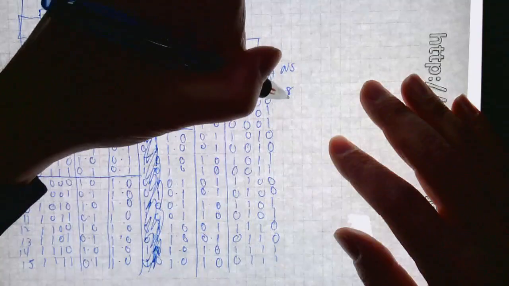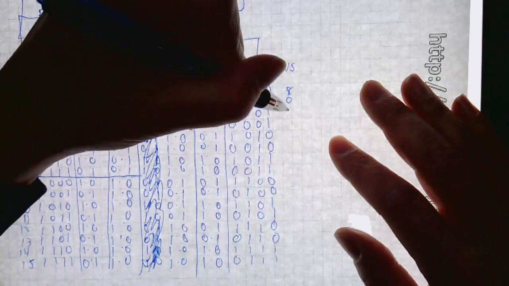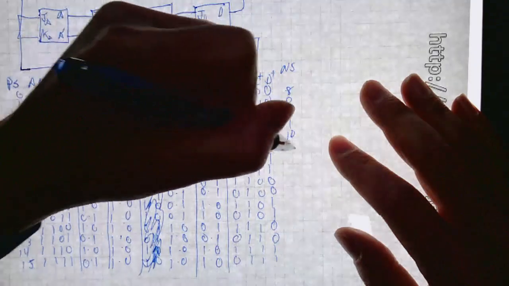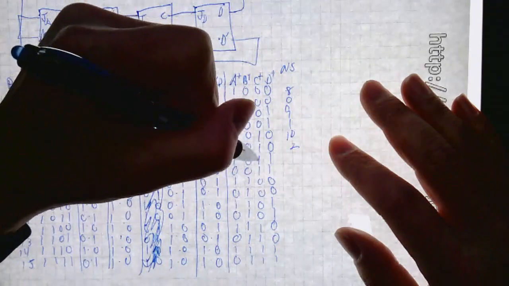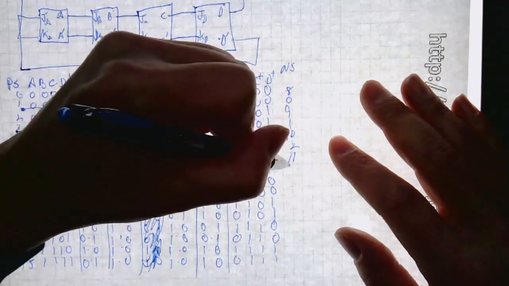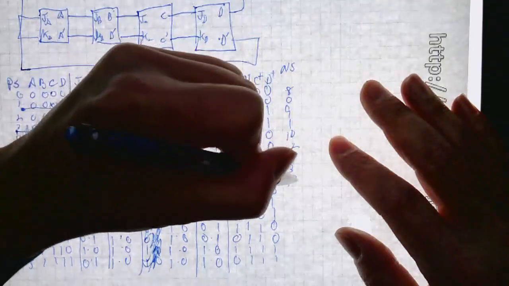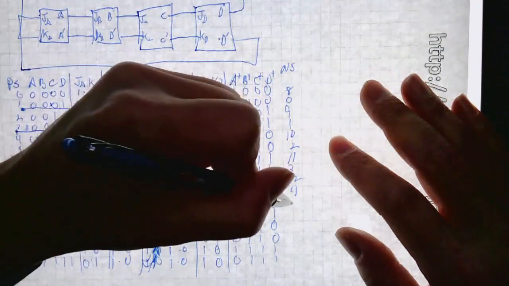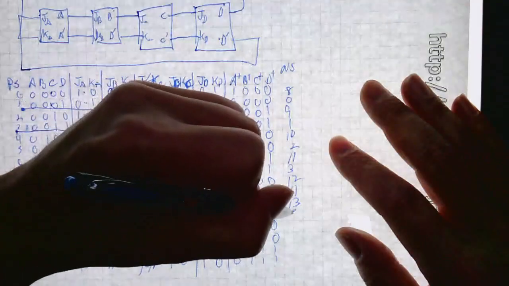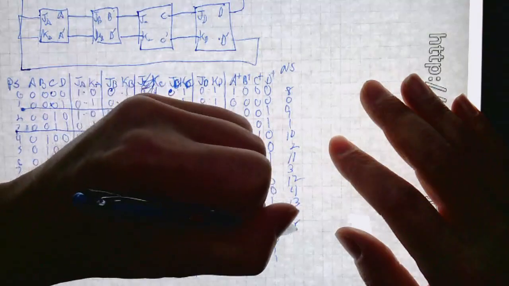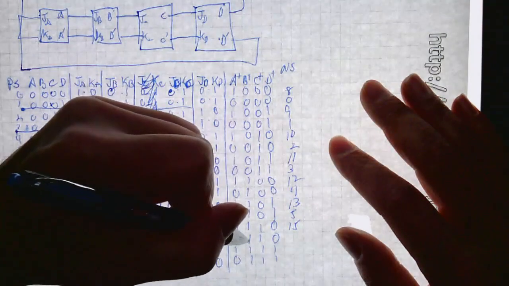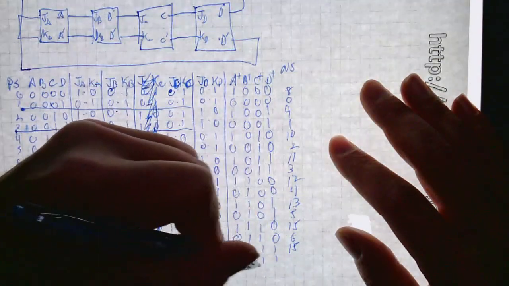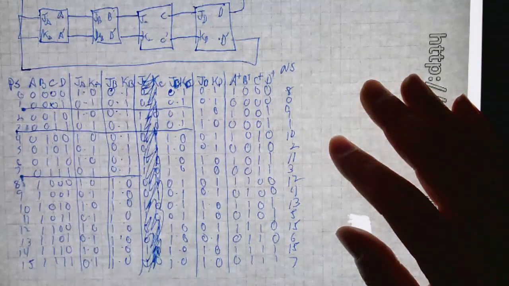So that's 8, 0, 9, 1, 10, 2, 11, 3, 12, 4, 13, 5, 15, what is this? 4 plus 2 is 6, that's 15, and that's going to be 7. Does that look about right to you?